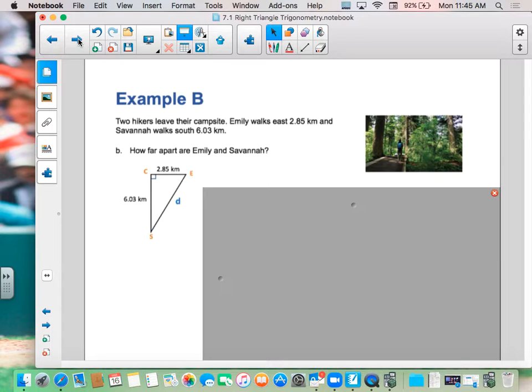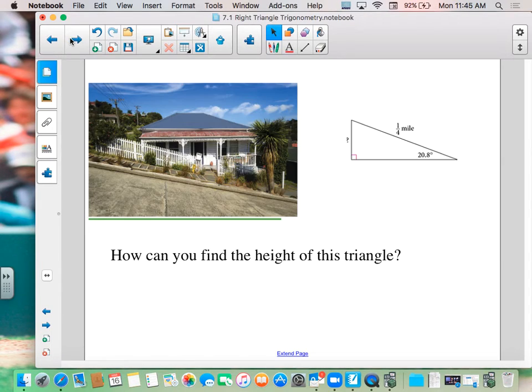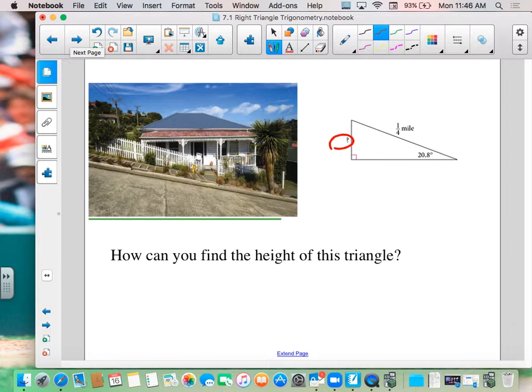Here's the same problem. And this is a famous street in San Francisco. And how could you find the height of this triangle using trig functions? We'll give you a minute to think about it, but if I want to find this height, I've got the hypotenuse, I've got the angle down here. This would be opposite.